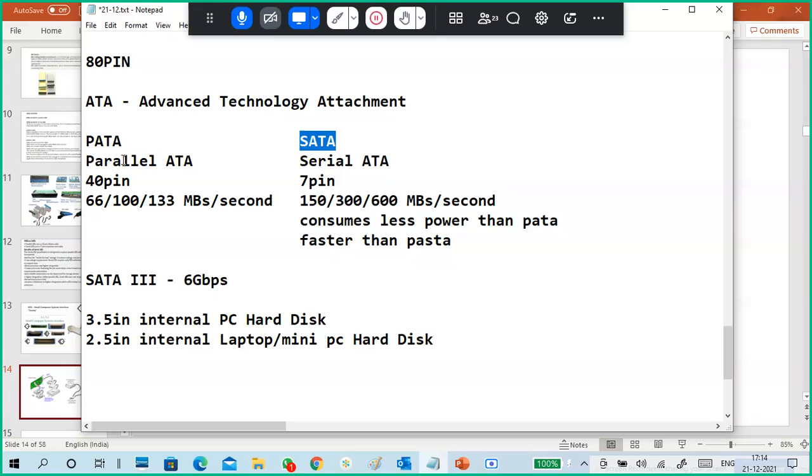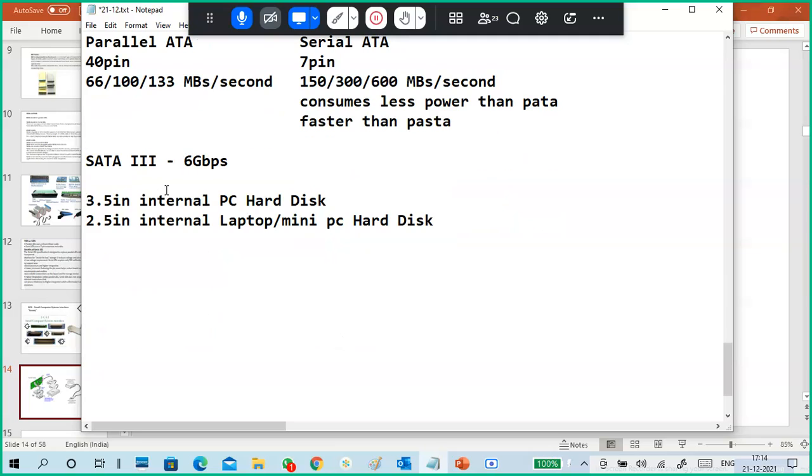SATA is faster than PATA, with a 40-pin versus 7-pin connector. The current SATA version is 3, with 6 Gbps data transmission speed. 3.5 inches means an internal PC hard disk, and 2.5 inches means an internal laptop hard disk. There is SSD also, so SSD is next. Okay, the next one is SCSI.